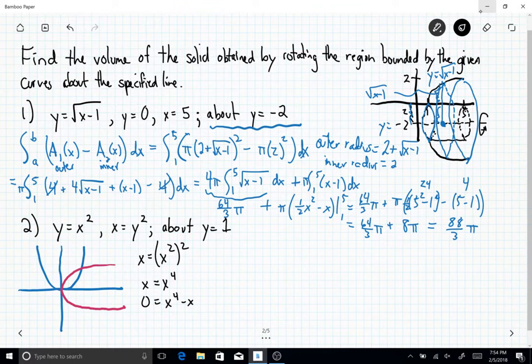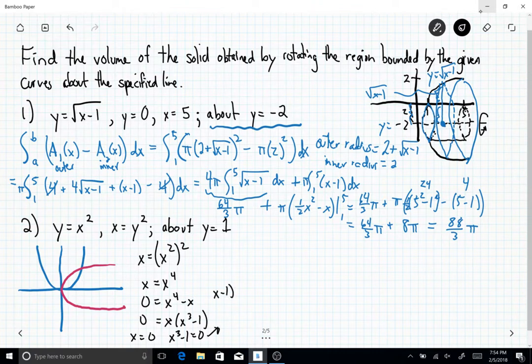So say you didn't know the graph, this is what we're doing here. So you can factor out an x, so this makes x and x cubed minus 1. And so what we get for this, you get x equals 0 or x cubed minus 1 equals 0. You can solve for that. Actually, you can factor x cubed minus 1, by the way.